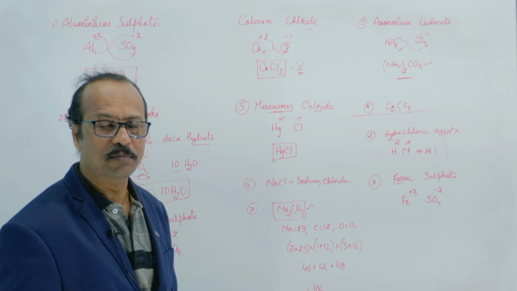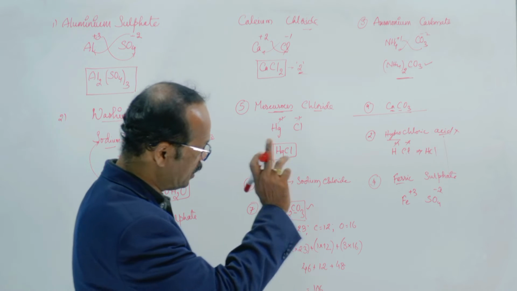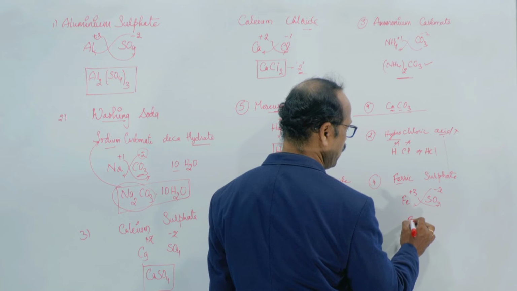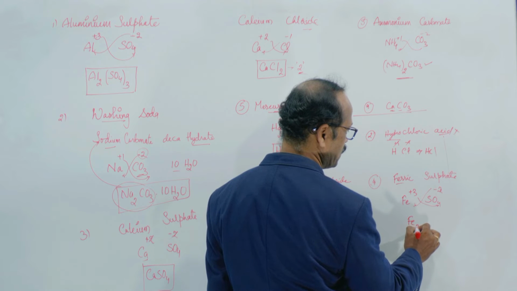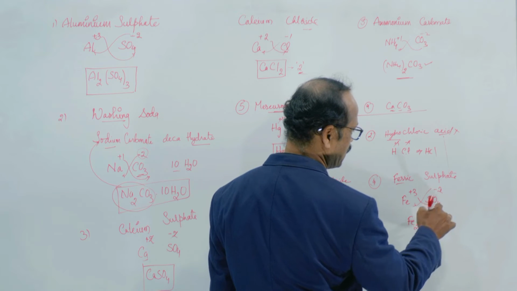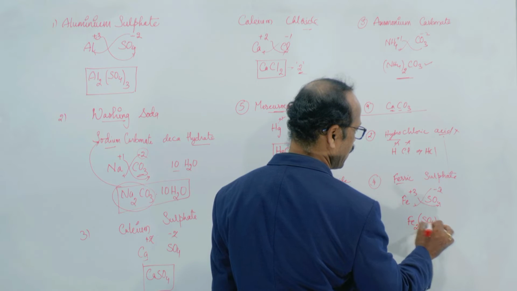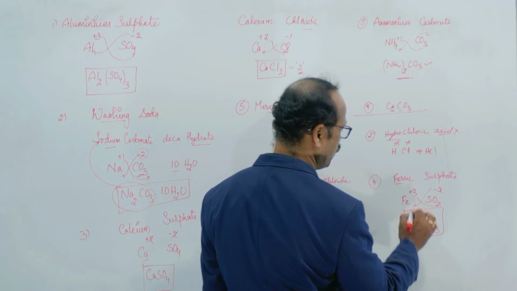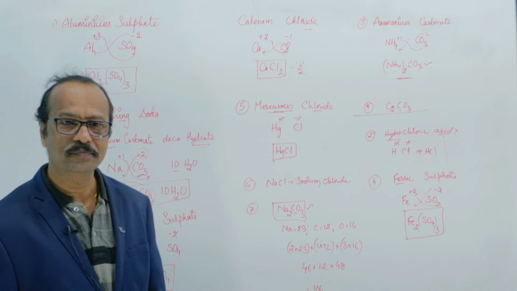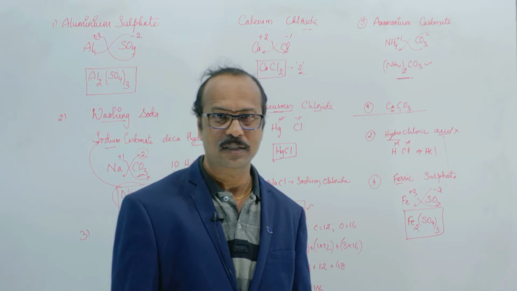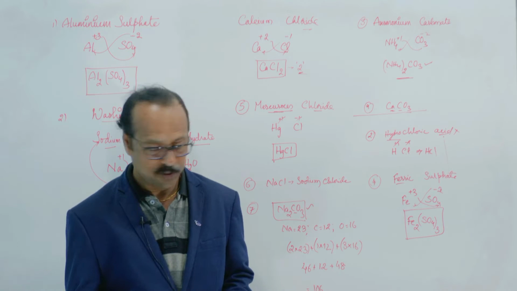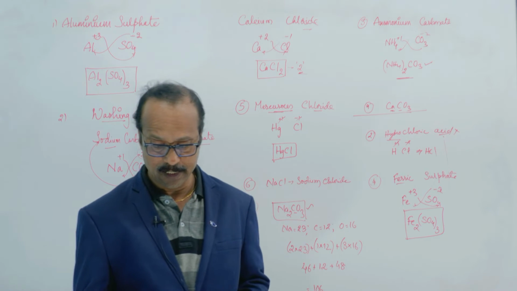Neglect the charges and crisscross the valencies. Fe gets the 2, so it becomes Fe2, and SO4 gets the 3, so put it in a bracket and write 3. So Fe2(SO4)3, with SO4 taken thrice. Clear? Very easy. The answer is the third option.